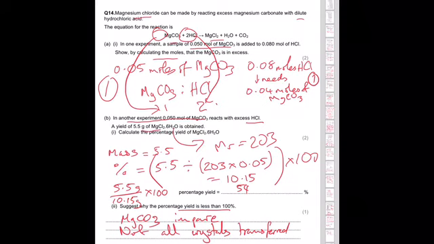Those are the most common mistakes there. Or also, I suppose you might not have left the magnesium chloride long enough to react, or you might not have left it long enough for crystals to form. Okay.